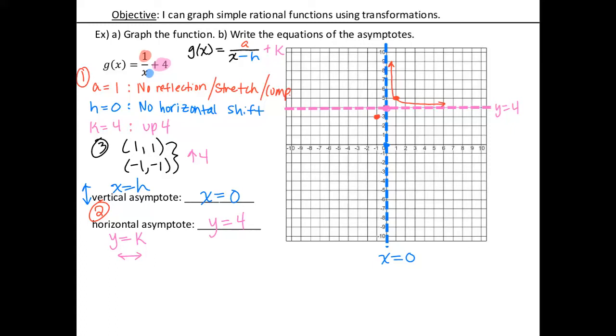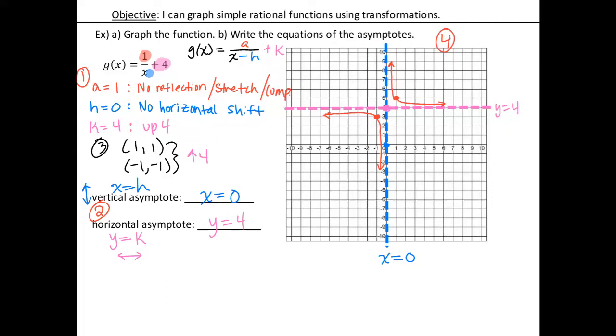Not touching the asymptote, but right next to it. Likewise with this one, next to the asymptote, touch the point and then go downwards next to the two asymptotes. And then that's it. We are finished. Step 4 was to draw the two curves.